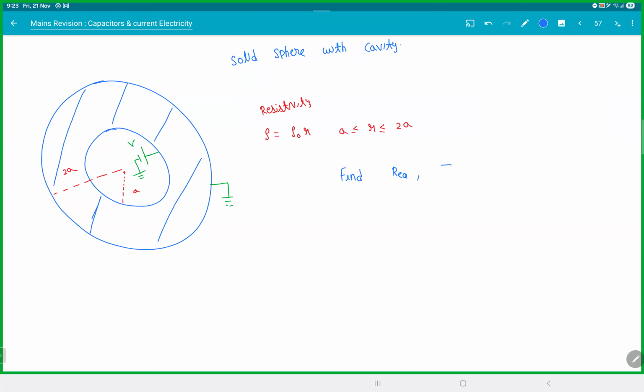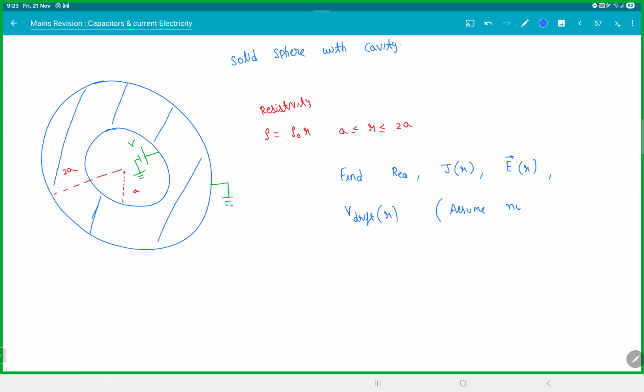Find R equivalent, find the current density J of r, find the electric field E of r, and find the drift velocity as a function of r, where r is the distance from the center. Assume n will remain the same.